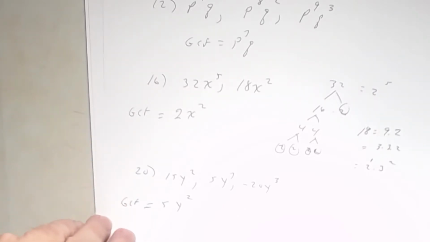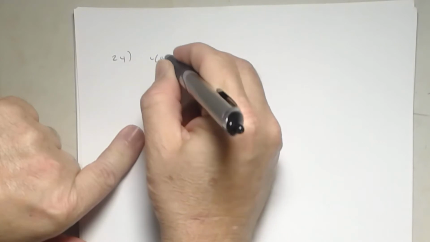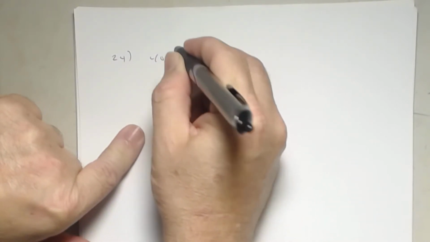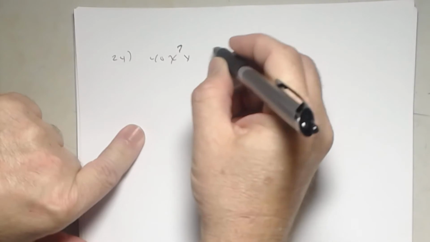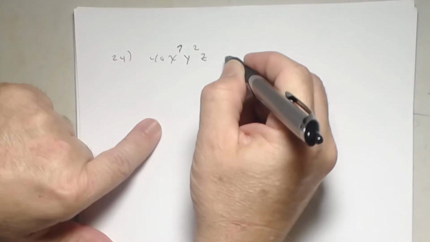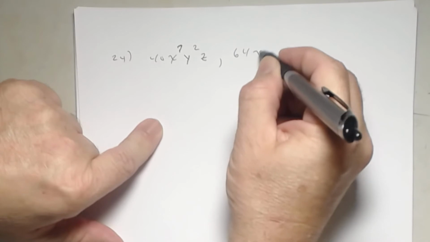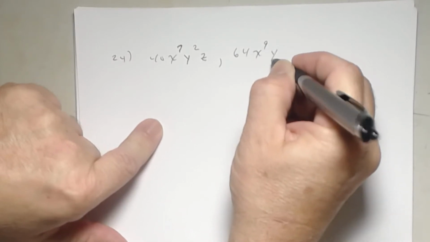All right, now let's look at the next one. You have 40 x to the 7th y squared z, comma, 64 x to the 9th y.